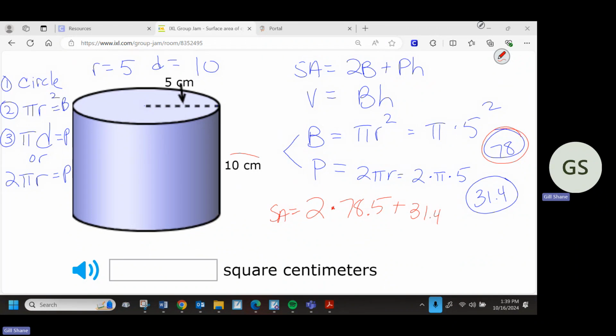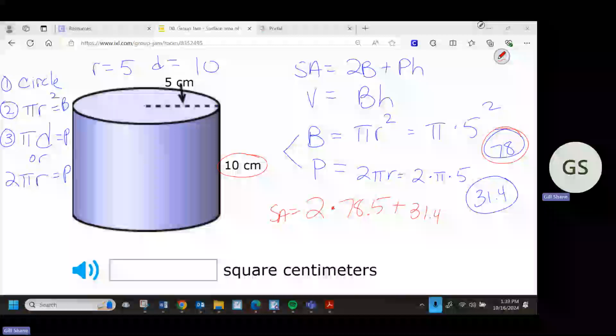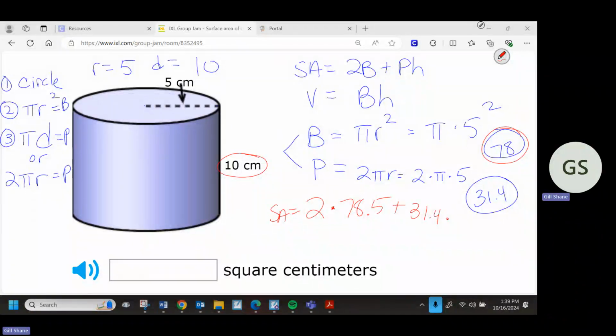And then remember, this is the height. A lot of kids bring that number in too early, especially on the other figure we're going to do, the rectangular prism. That is the height, so we only use it when we're multiplying times the h. Times 10. Somebody do that real quick. Is it 314? Yeah, we had that same problem earlier.